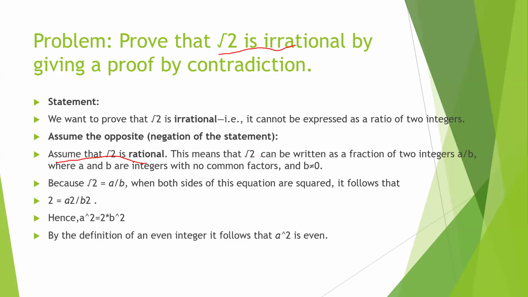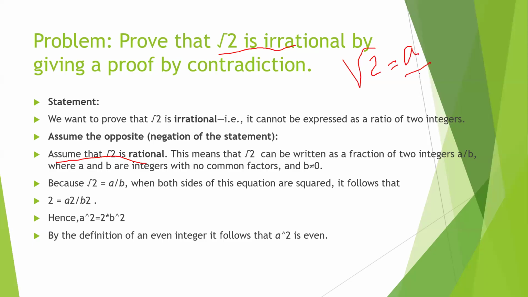This means that root 2 can be written as a fraction of two integers a by b. Because root 2 is a rational number, we can write root 2 equal to a divided by b.